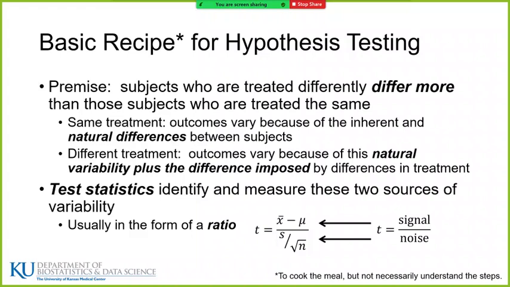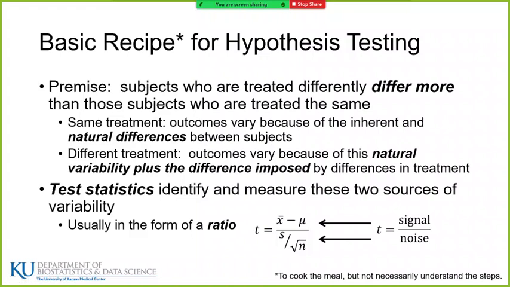If two subjects receive different treatments, their outcomes also differ, but they differ for two reasons. They differ for the same reason that the two subjects in the previous example differ, those natural differences between them, anything that we're not controlling for: their age, their sex, their comorbidities, the duration of their disease, lots of things.